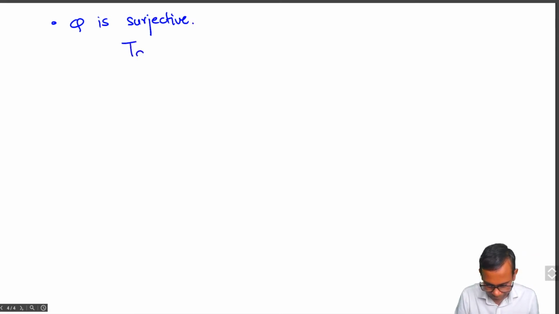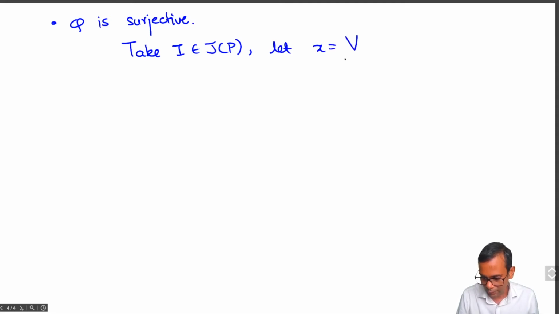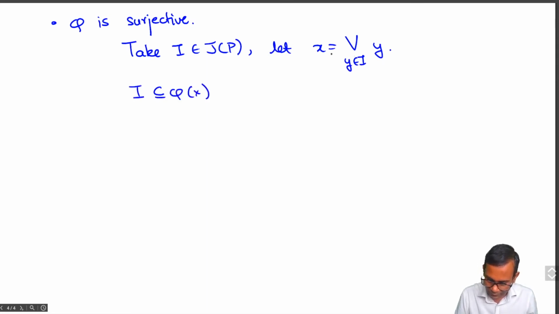So take I in JP. Then the previous proof suggests that I want I to be phi x, so I should take x to be just the join of all the elements in I. Now, of course, we know that I is contained in phi x, because if we have any element y in I, then x is the join of all these elements.